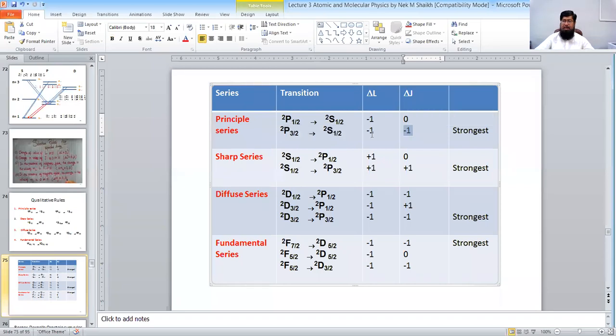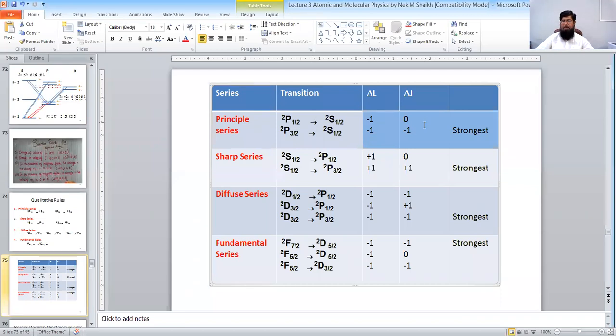So delta L and delta J change in the same way. Between these two levels, the lower level is strongest, in which delta L and delta J change in the same way. So here the -1 level is stronger as compared to the other level.